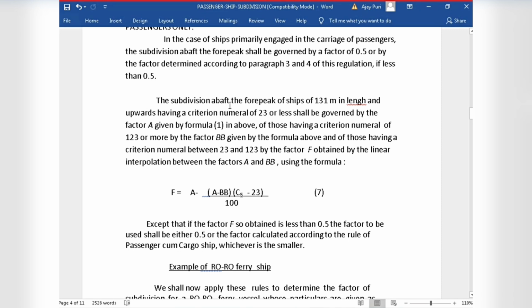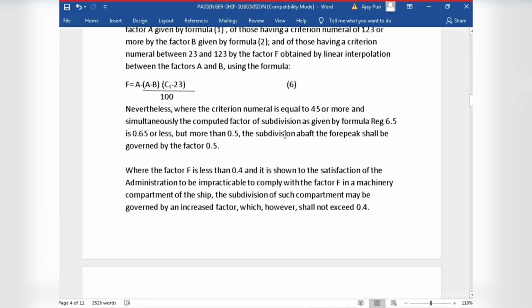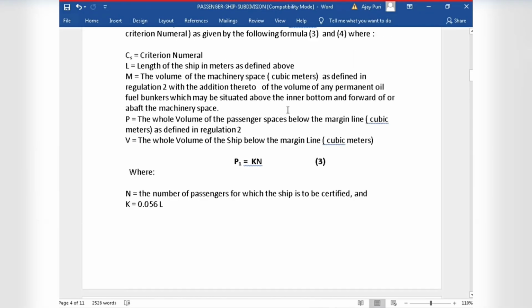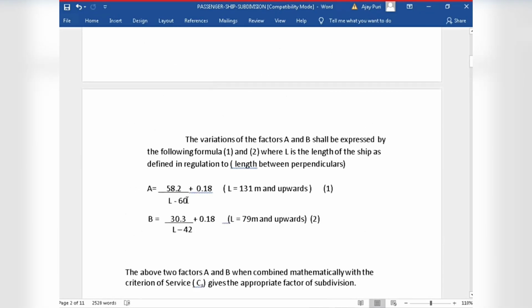Now subdivision above the forepeak of vessels 131 meters in length and upwards, having a CS of 23 or less, shall be governed by a factor A given by formula 1, which we have done. The formula of A, which we have already done, is here.